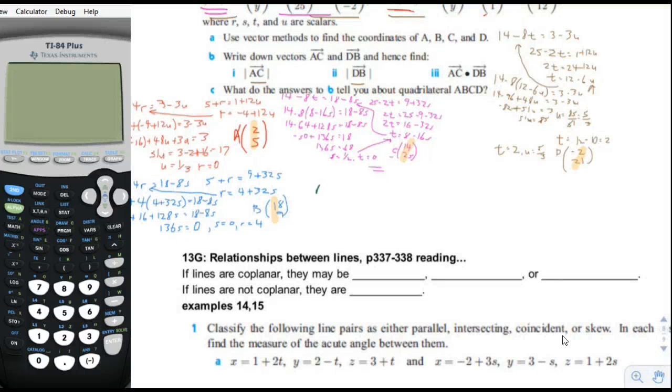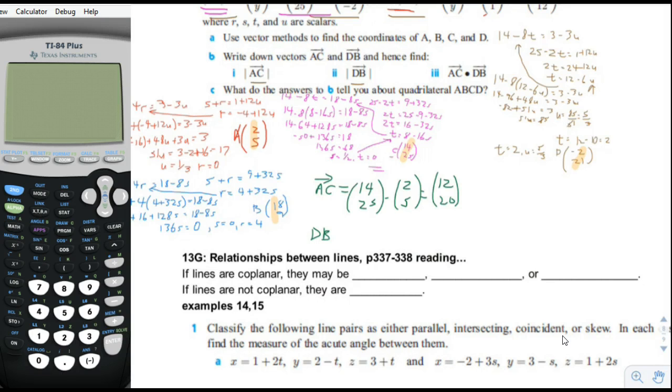So let's see, AC would be equal to the C vector, which is 14 and 25, minus the A vector, which was 2 and 5, so that would be equal to 12. 25 minus 5 is 20. Okay, so that's the AC vector.